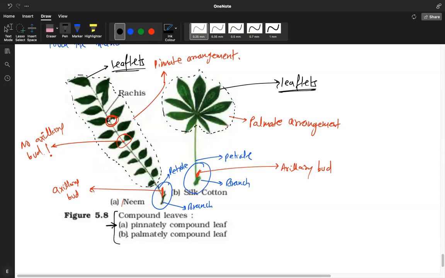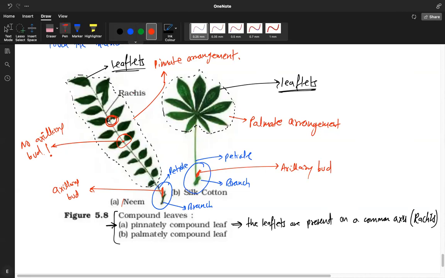First is pinnate compound leaf, where the leaflets are present on a common axis, and that axis is called rachis.